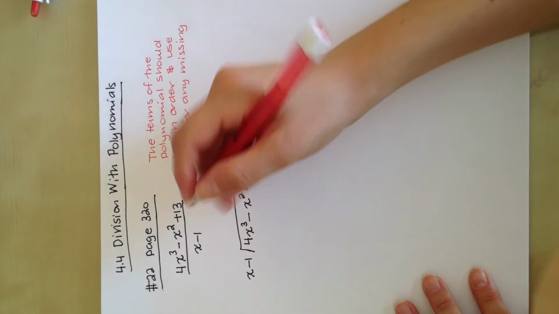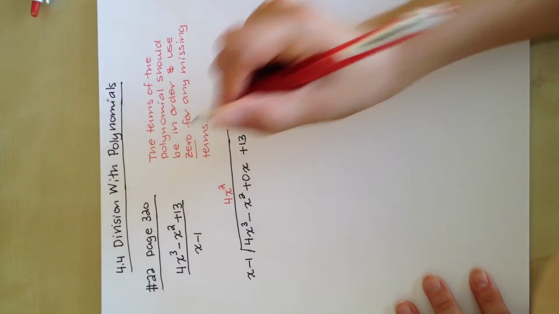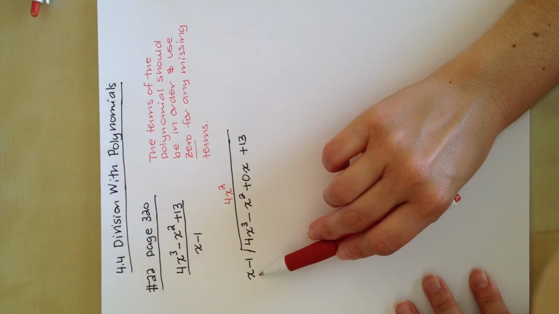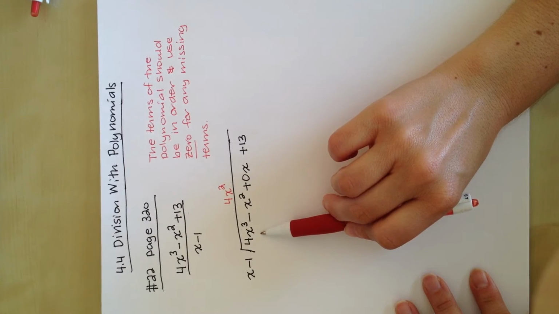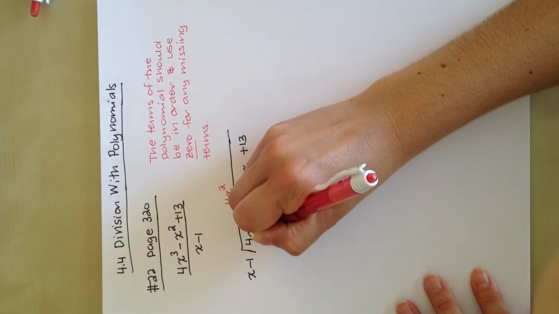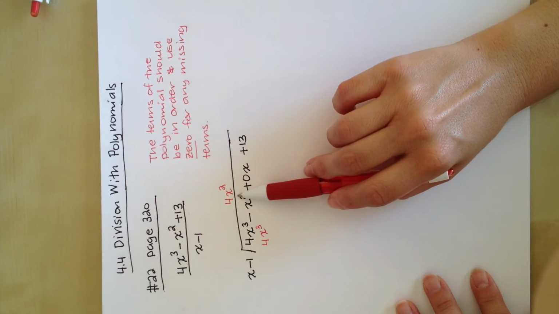So you want to write 4x squared up at the top. 4x squared times x gives us 4x cubed. That's what you want. We want these to be exactly the same.